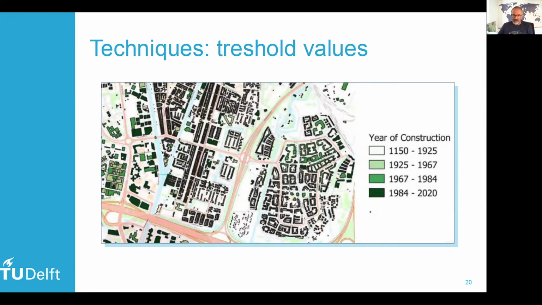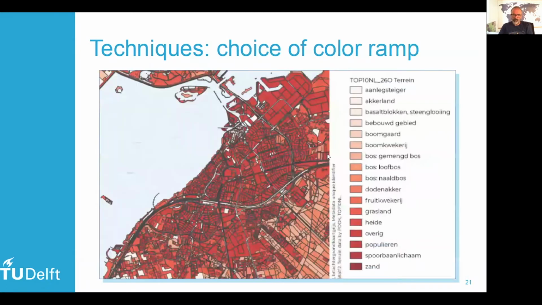For example, if this whole area here is all built between, let's say, 1980 and 1990, then it would fall in 2 classes here. But from an urbanism perspective, this is perhaps one building area. That might be interesting. So that is the classes.